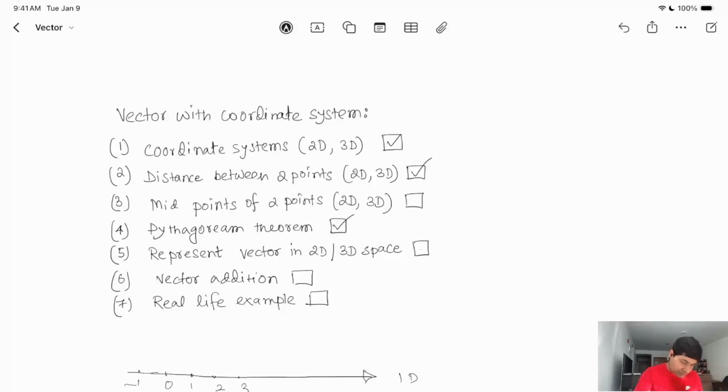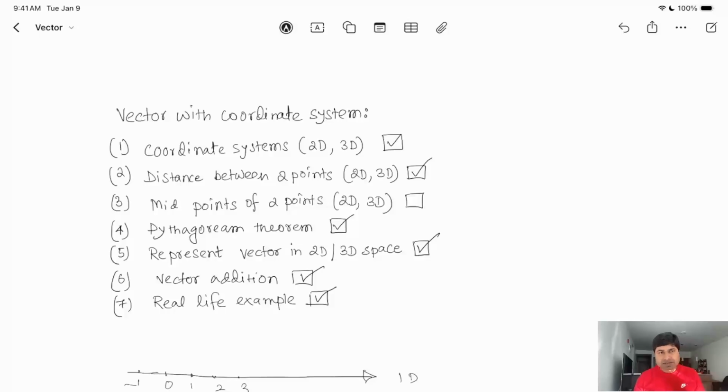We discussed how to represent a vector in two-dimensional space, how vector addition happens, and a real example scenario, the boat scenario, crossing a river. Today we are just discussing two-dimensional space and the representations. In the next video we can discuss three-dimensional space and more vector examples.